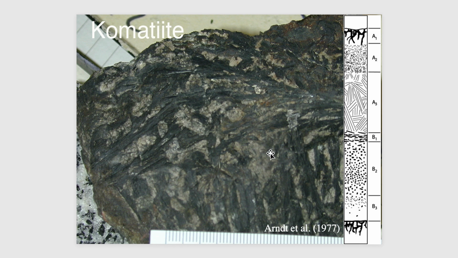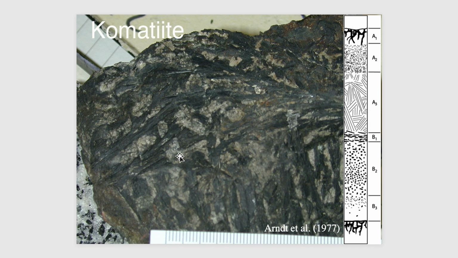So you can recognize this structure in this diagram here, which is a cross section through a komatiite flow, which is a schematic really, but it gives you an understanding of the different types of spinifex.